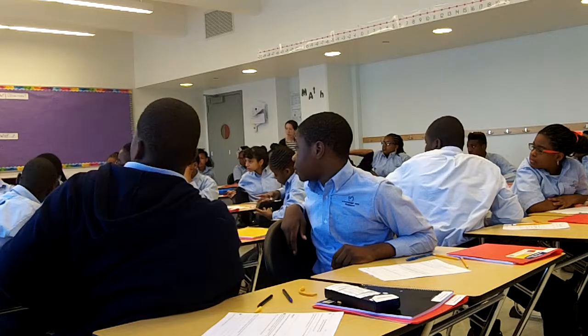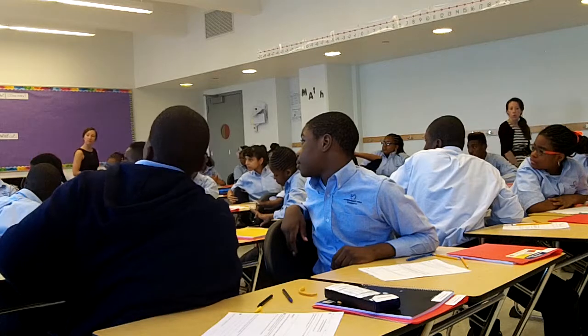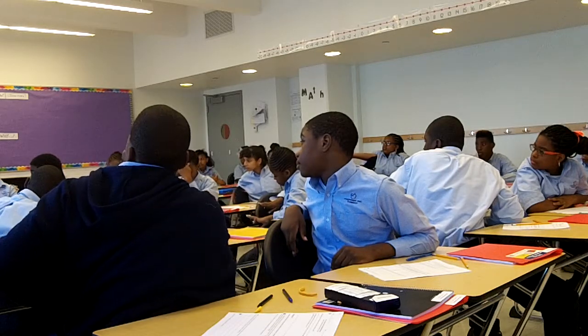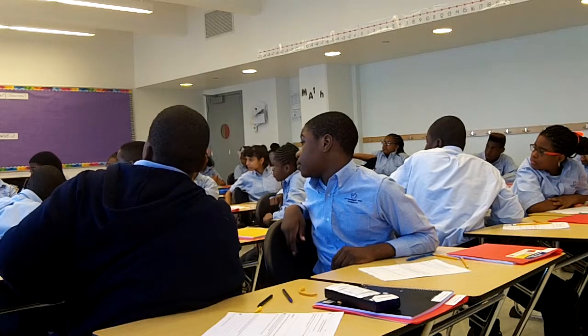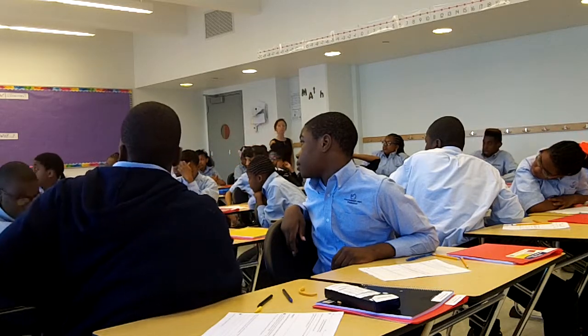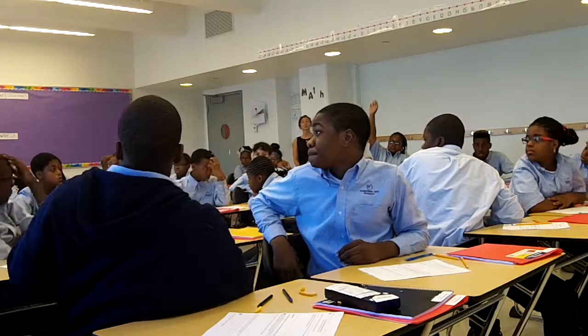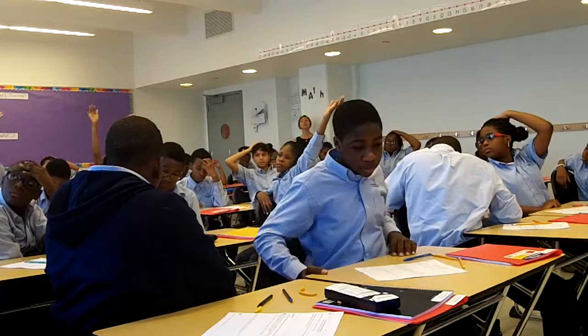Why did you say 3? I said 3 because at first it was -5, then it changed to 8, and then it changed again to 3. Can I see some disagrees or agrees? Strong vertical hands.